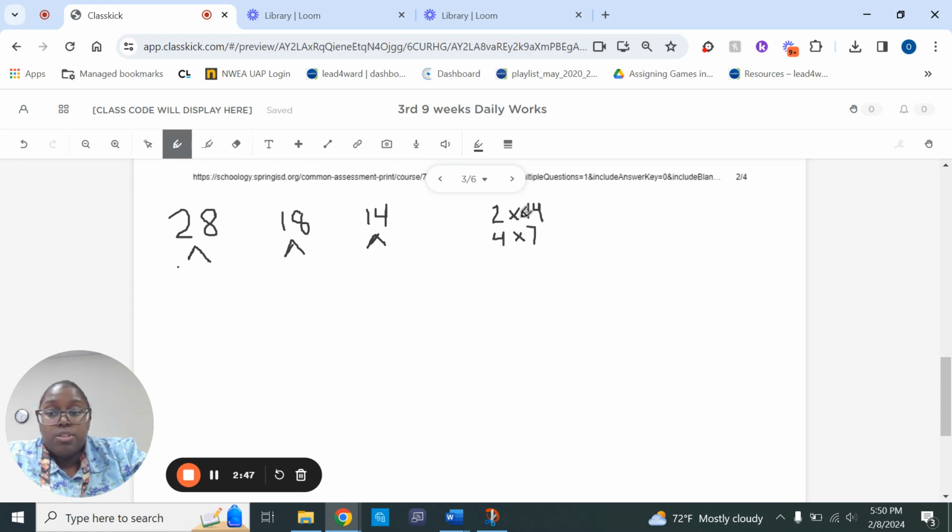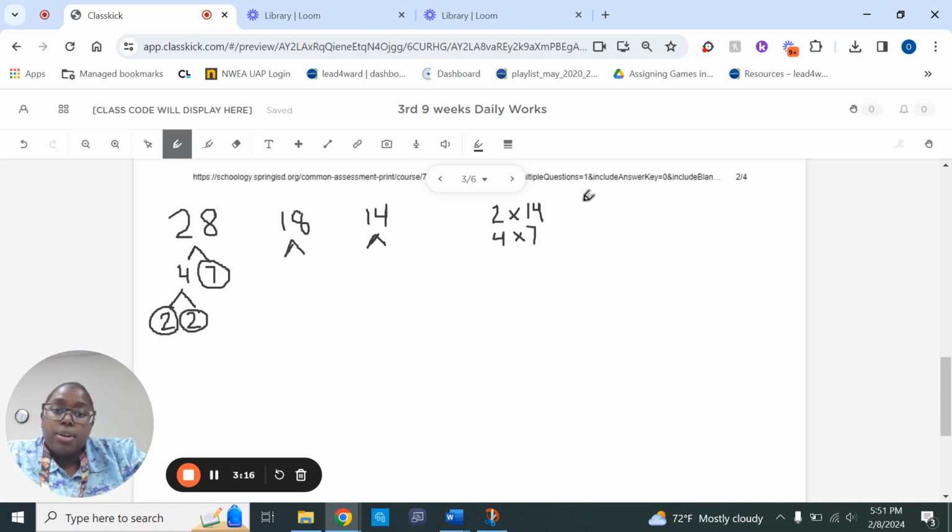So we can use either one of these, but we can't use 1. I'm going to use 4 times 7. That may be the one you know the most. Now, looking at these two numbers, 7 is prime, so I don't have to do anything else with that. But 4 is not, so I've got to break 4 down further. 4 is 2 times 2. All right, now I'm done with 4.